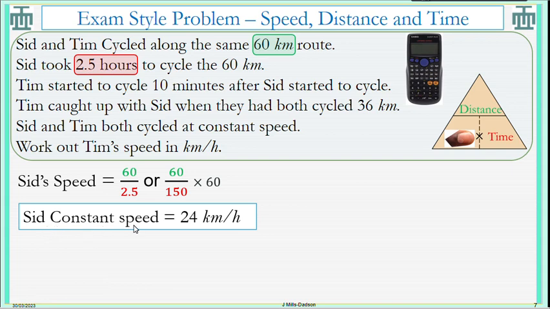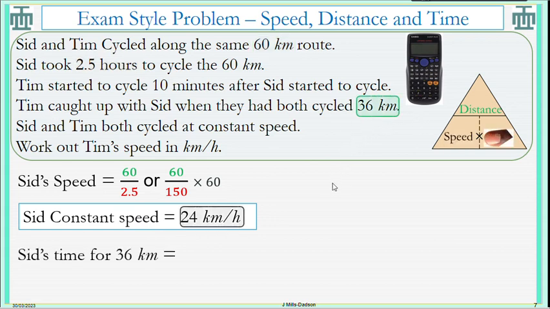If Sid's constant speed is 24 kilometers per hour, and Tim caught up with Sid when they had both cycled 36 kilometers, let's use this distance and this constant speed to work out how long it took Sid to cycle that 36 kilometers. So we do the same.